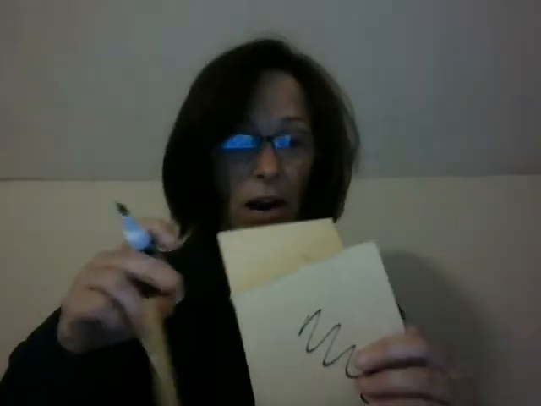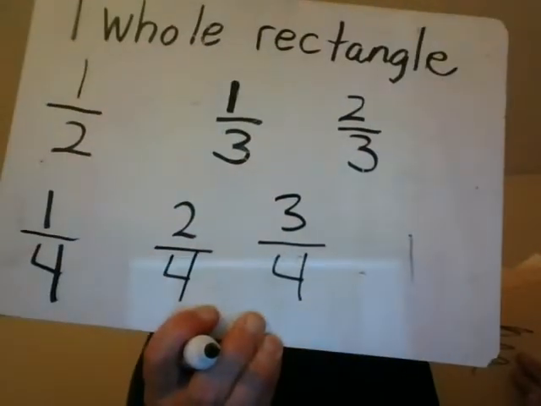All right, what if I do this? Color in a 3rd part. I still have my 4 parts. My 4 parts didn't go away because we always are talking whole, right? Now I have how many parts colored? You're right, 3. So I still have to do my 4 because we always put the total number of parts on the bottom. And 3 parts are colored, or 3/4.